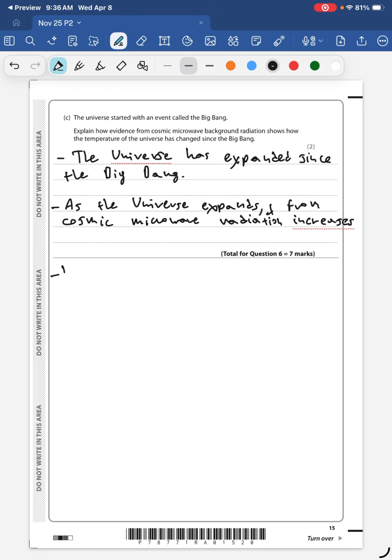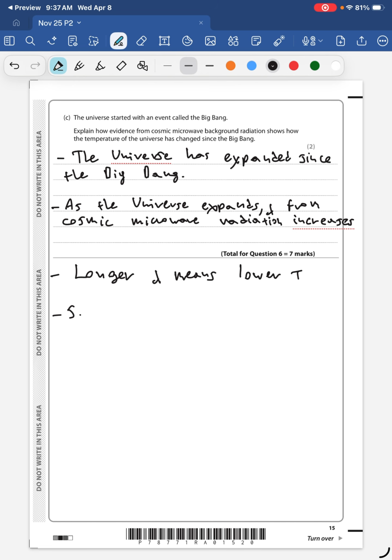Okay, longer lambda means, my handwriting is so horrible, excuse me guys. So longer lambda means lower temperature.